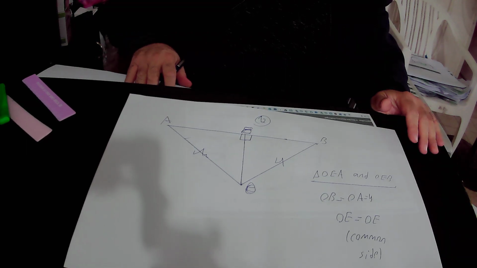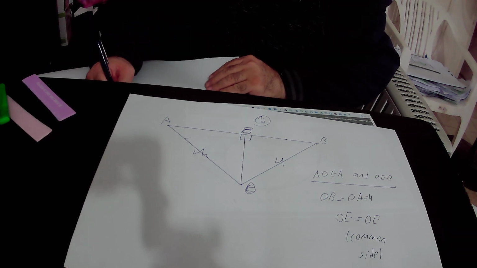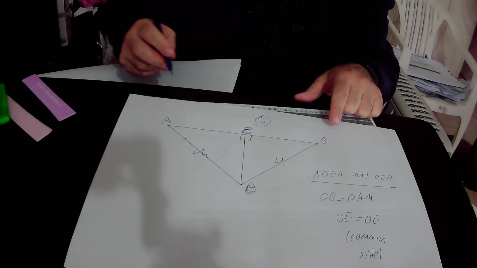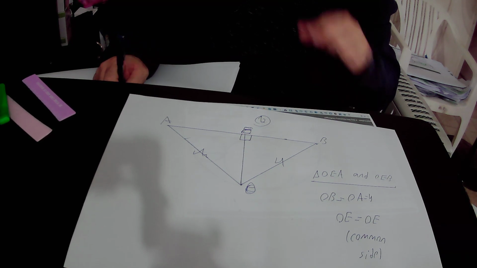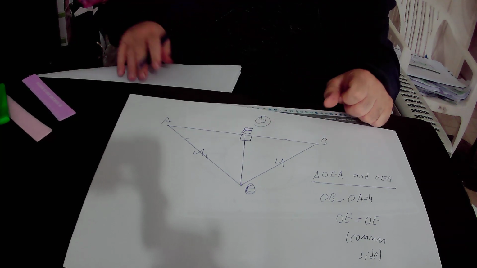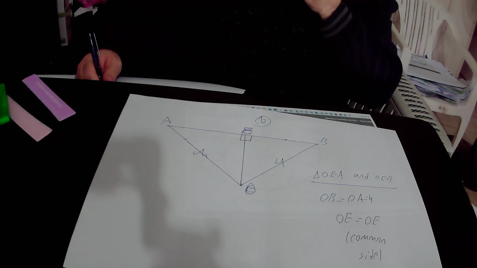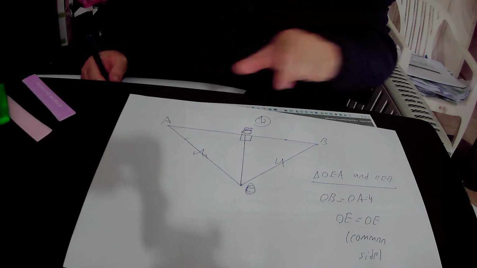But as you can see from the drawing, AB, what is the value of AB? AB equals AE plus EB. But we already found out that AE equals EB.